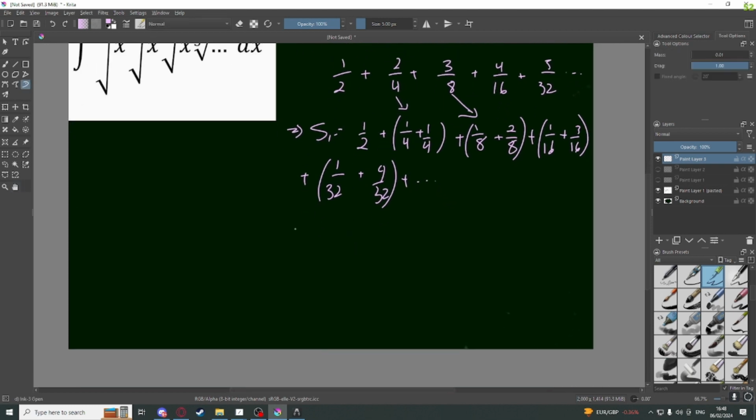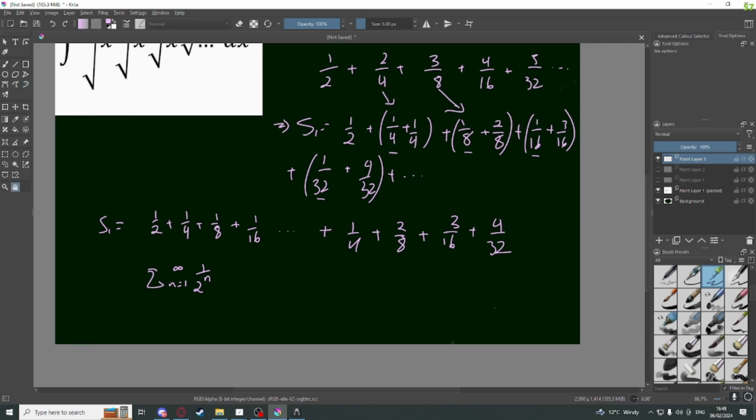And then because the order of addition wouldn't matter in this case, I could say that my series is 1/2 plus 1 over 4 plus 1 over 8 plus 1 over 16, adding up each first term in my bracket, so I get a geometric series 1 over 2 to the n dot dot dot plus, and then the remainder, which will be 1 over 4 plus 2 over 8 plus 3 over 16 plus 4 over 32 dot dot dot.